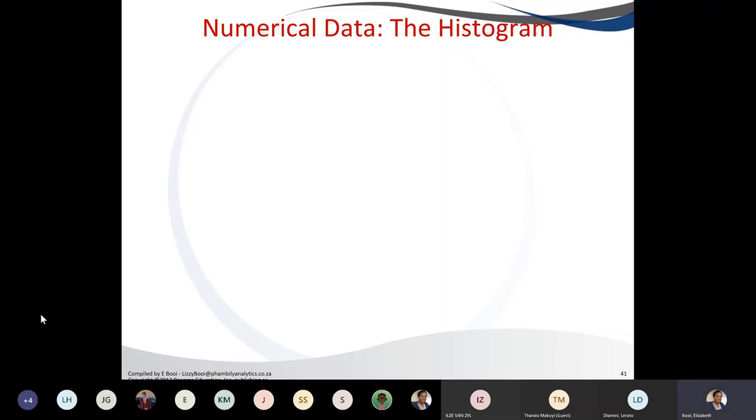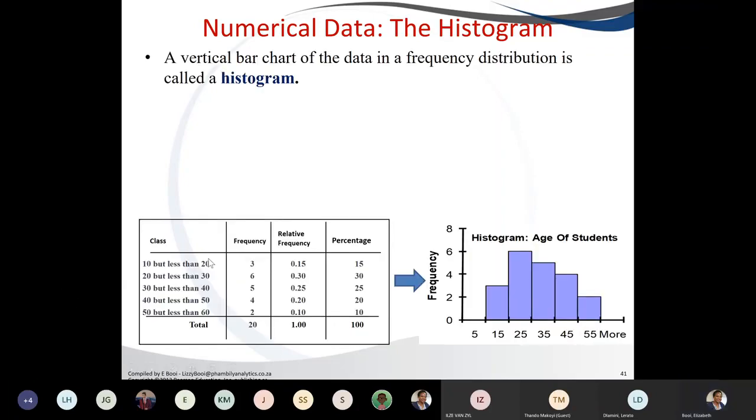So the frequency histogram is a visualization of a numerical table based on the frequency distribution. This is a bar chart for numerical values. It's also called a bar chart of data, which uses the frequency distribution, but we call this a histogram.